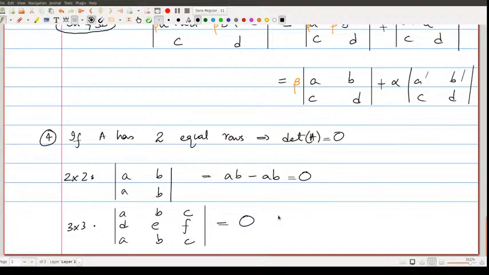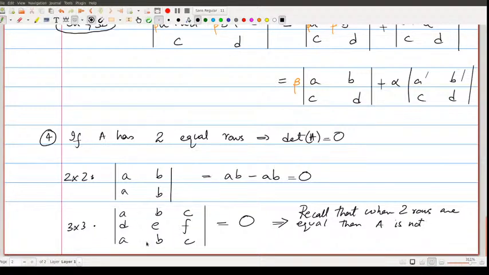Another way to see this is as follows. Recall that when two rows are equal, then A is not invertible, because A has dependent rows and dependent columns, so the rank is less than the number of rows.